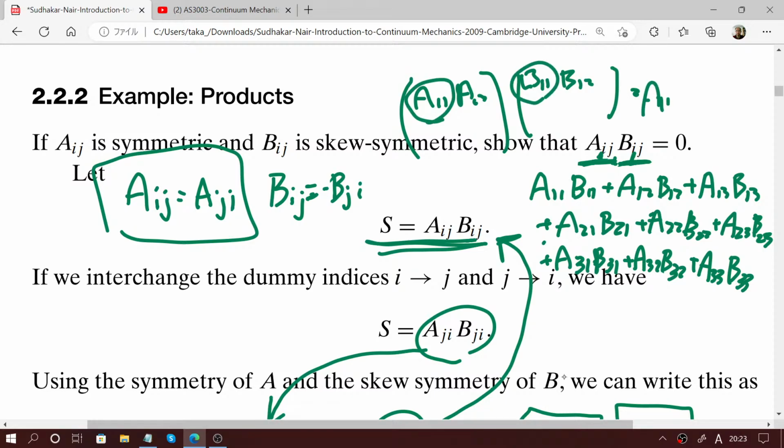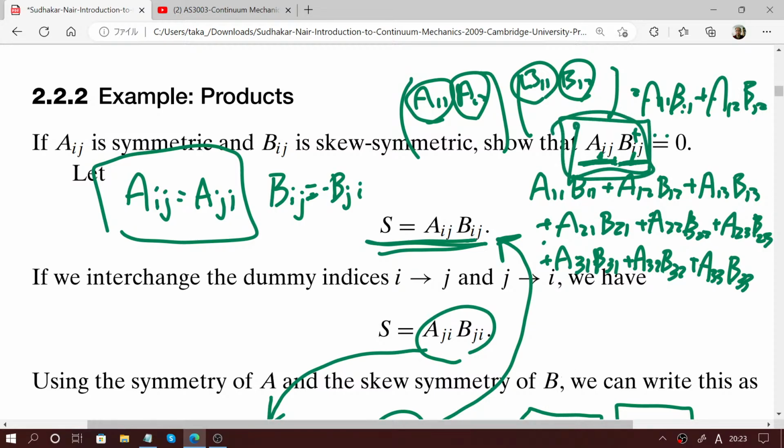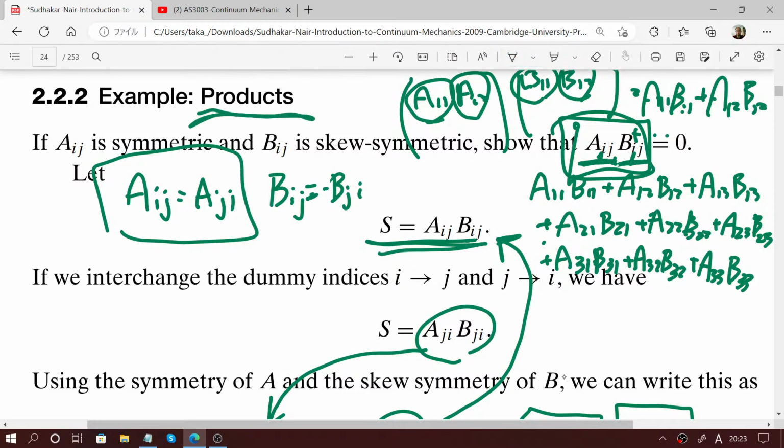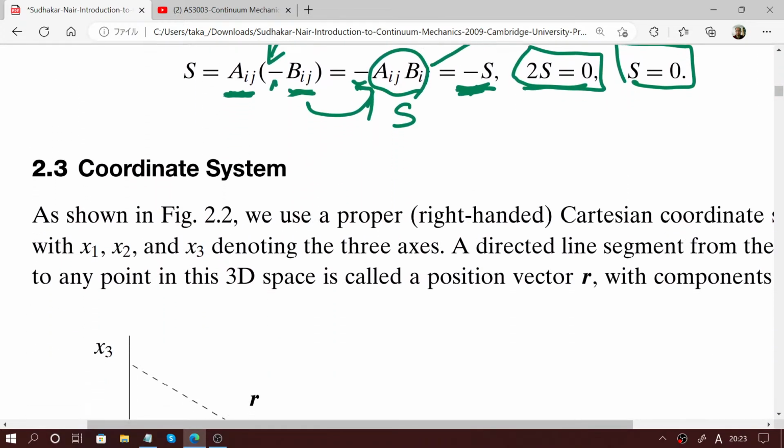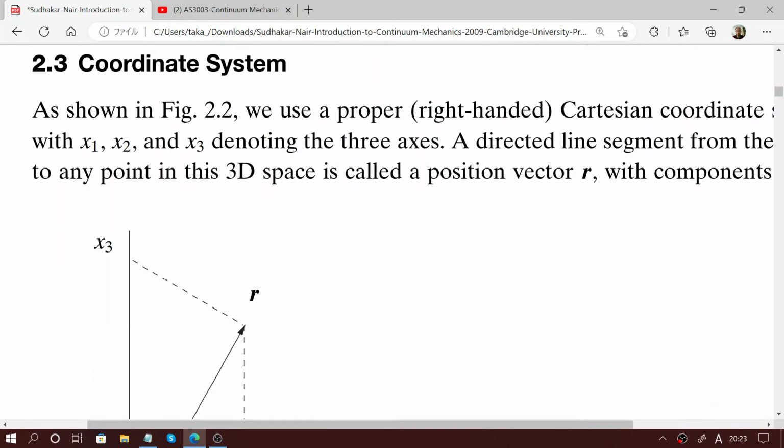So A11, B11 plus then you have this and this, A12, B12 plus blah blah blah. So this is not regular matrix multiplication, but a strange product. This is not the usual matrix product, but a strange product.